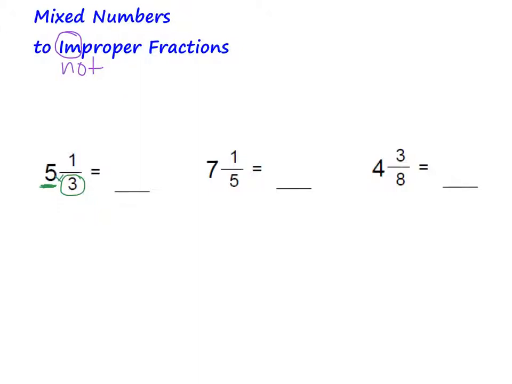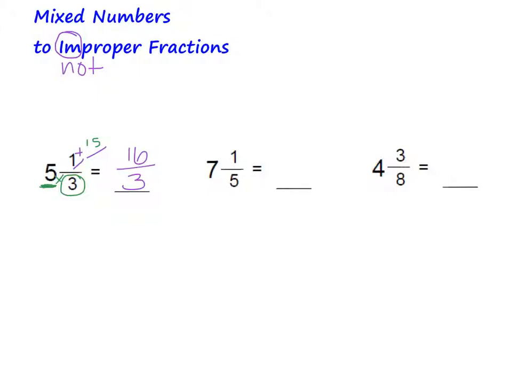So I'll multiply 5 times 3 and figure out that we have gotten 15 slices already. 5 pizzas cut into 3 slices each gives me 15 total slices so far. But I also have this one slice up here all by itself. So we can go ahead and add them. 1 plus 15 is 16, and the denominator stays the same.